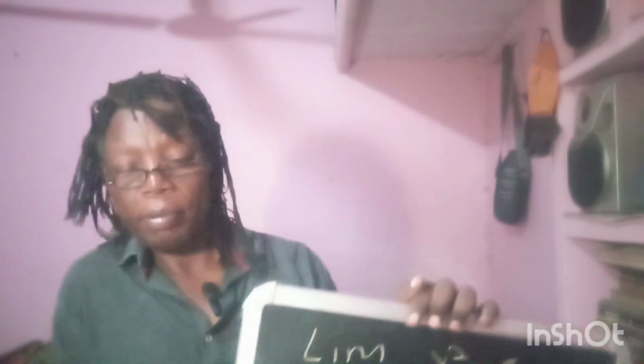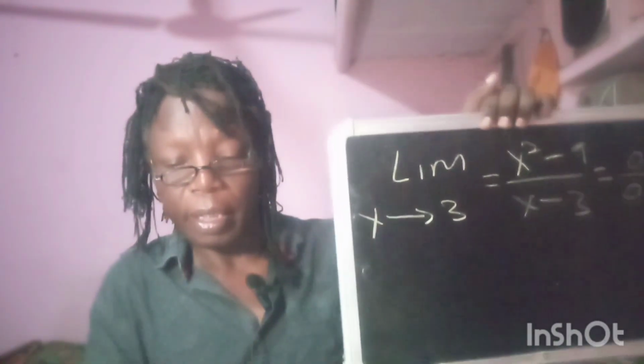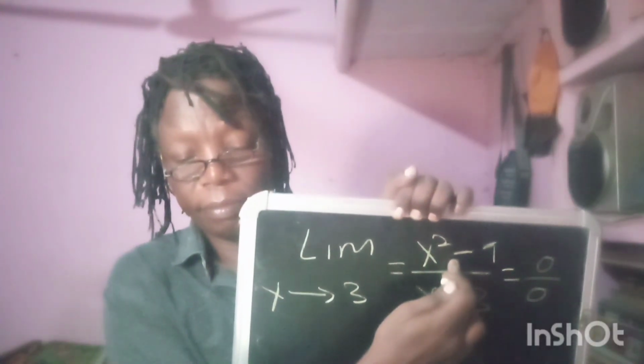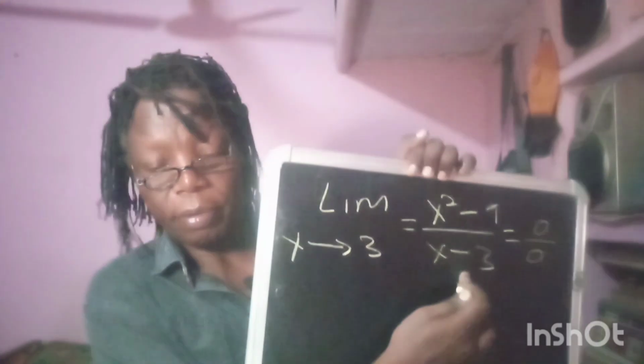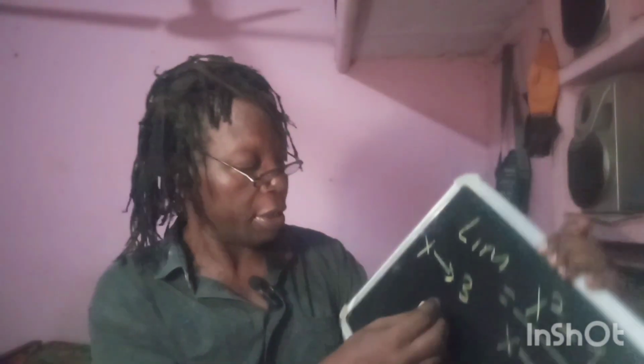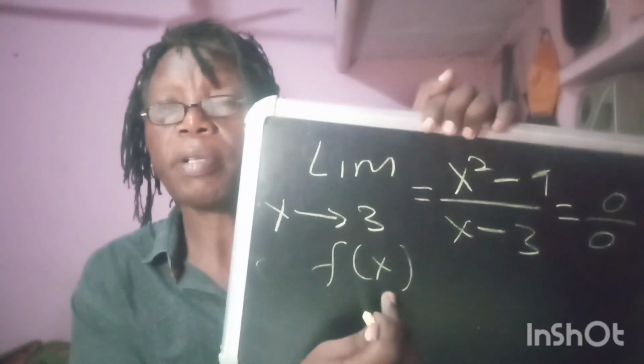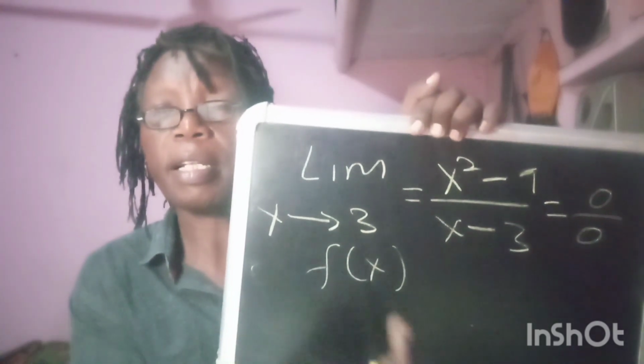Now, for example, let us say this value here and this value down here, this is a function, we could call it f of x. If you are familiar, this means a function of x. It is a placeholder. It could be this value inside here, or any other value.